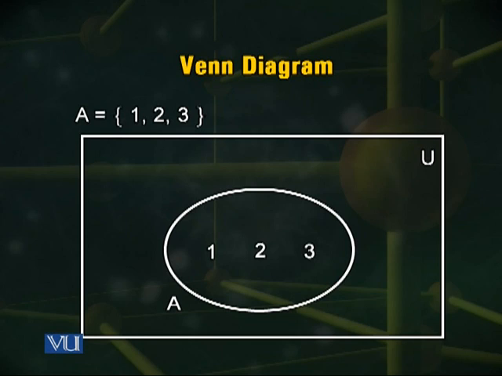Another thing that you will see is that we usually put these closed figures inside a large rectangle and write U in the rectangle. This rectangle represents a so-called universal set, and importance of this universal set will be clear if we see that all these sets which are graphically represented must have a superset, the universal set, because certain operations are defined with the relationship that this U has with the given set.